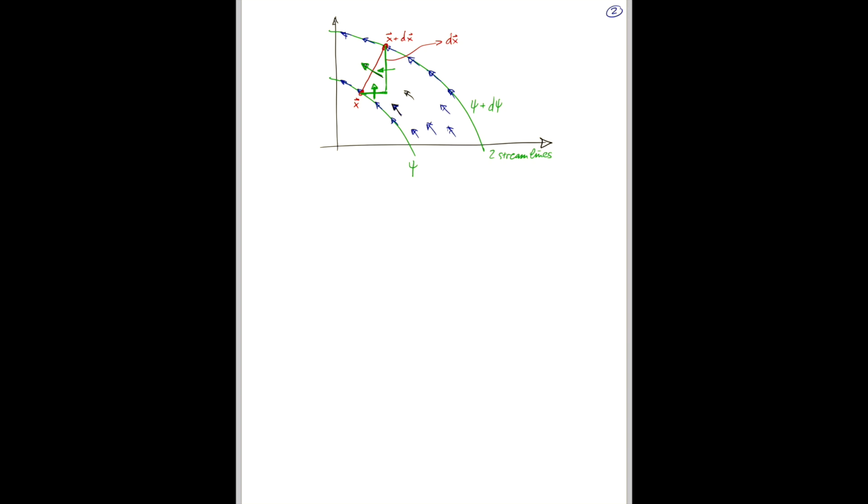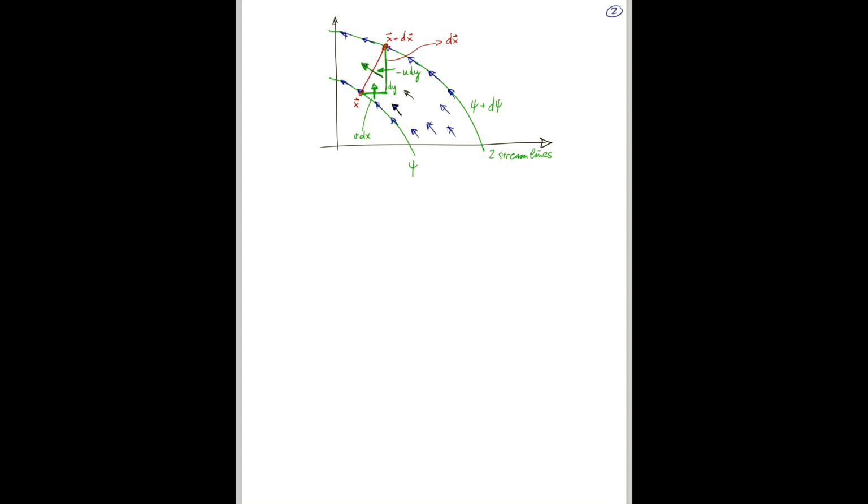And the flux into here is simply minus u times dy, and the flux flowing in the vertical is the vertical component times the line segment perpendicular to it.